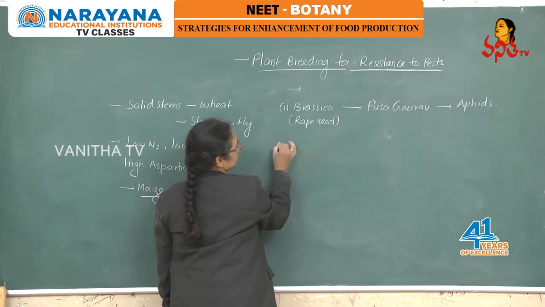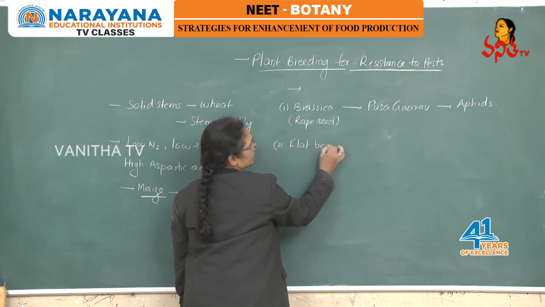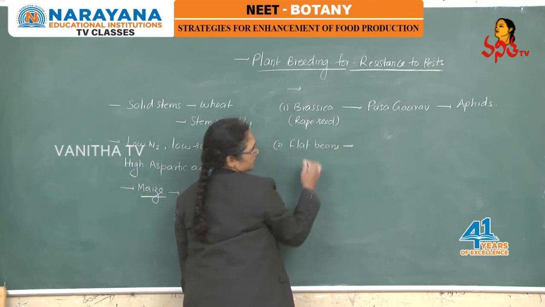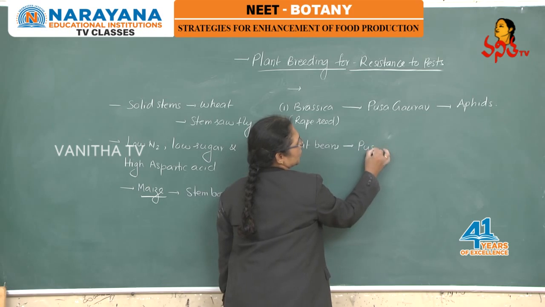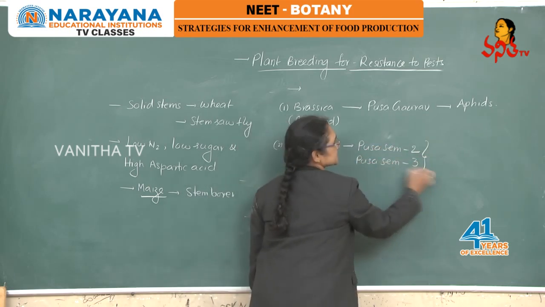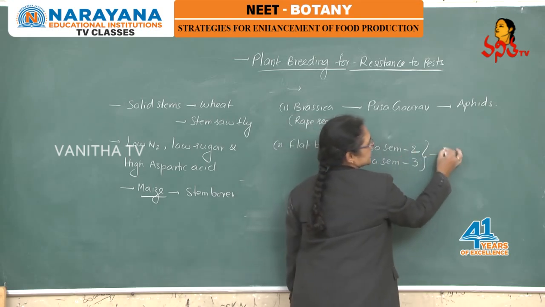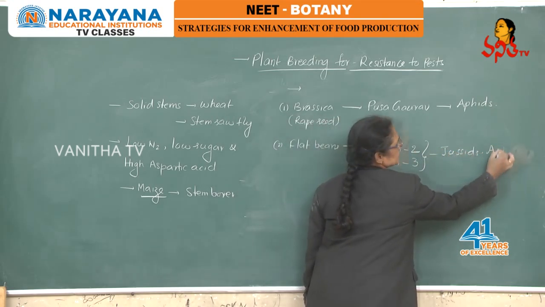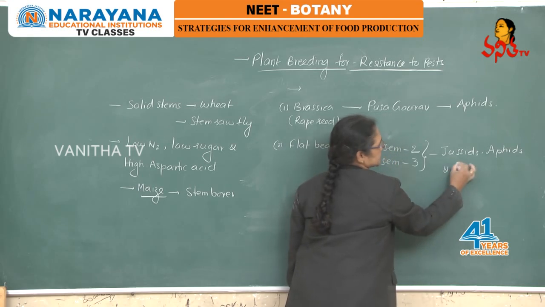Similarly, in flat beans, new hybrids are developed by name Pusa Sem2 and Pusa Sem3, which are resistant to jassids, aphids and fruit borers.